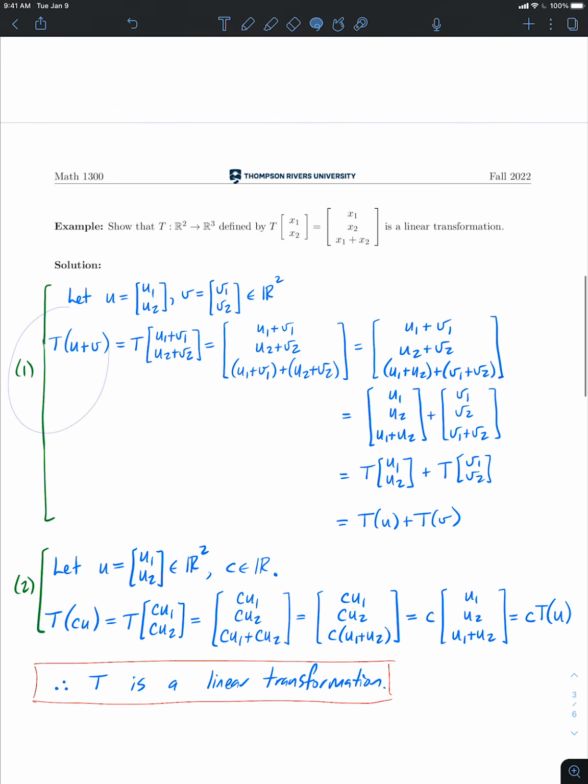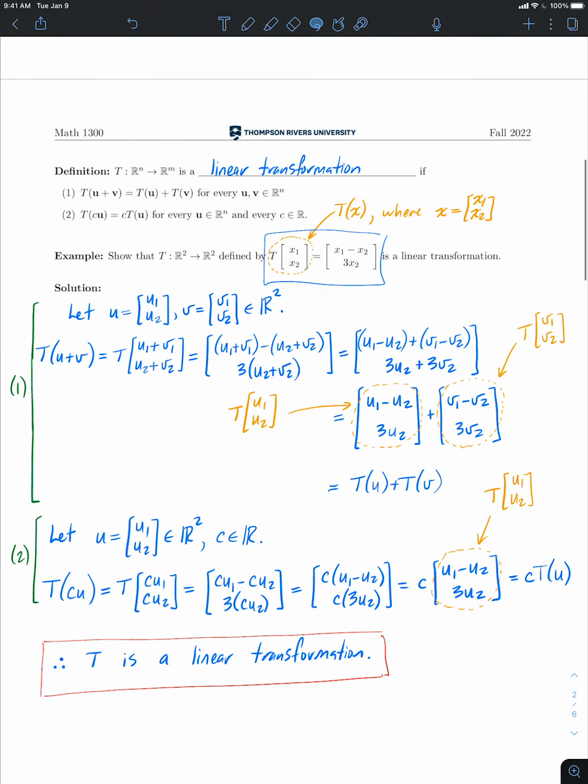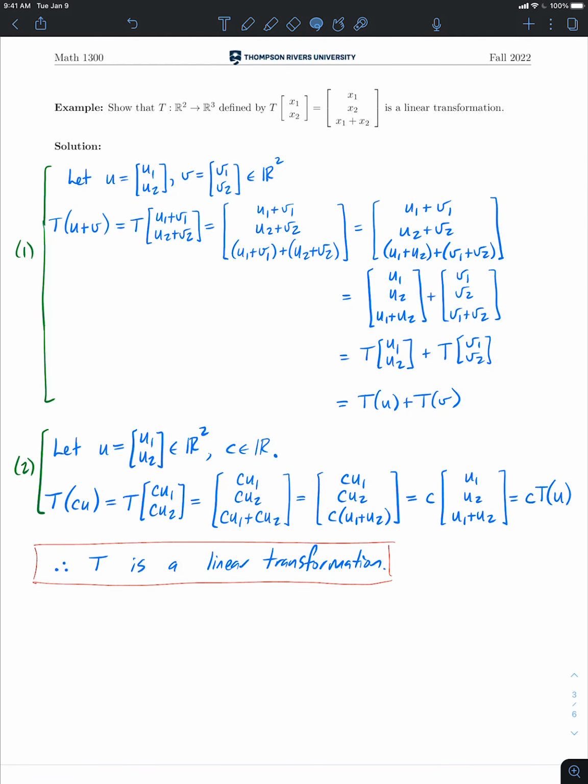They all have these specific pieces where you start by grabbing your vectors, or one vector and a scalar, as needed, and then you work the left-hand side of each equation into the right-hand side. I'm talking about the left and right-hand sides of these conditions. That's the idea behind these proofs. They all follow a similar format, and the more you practice them, the easier they get.